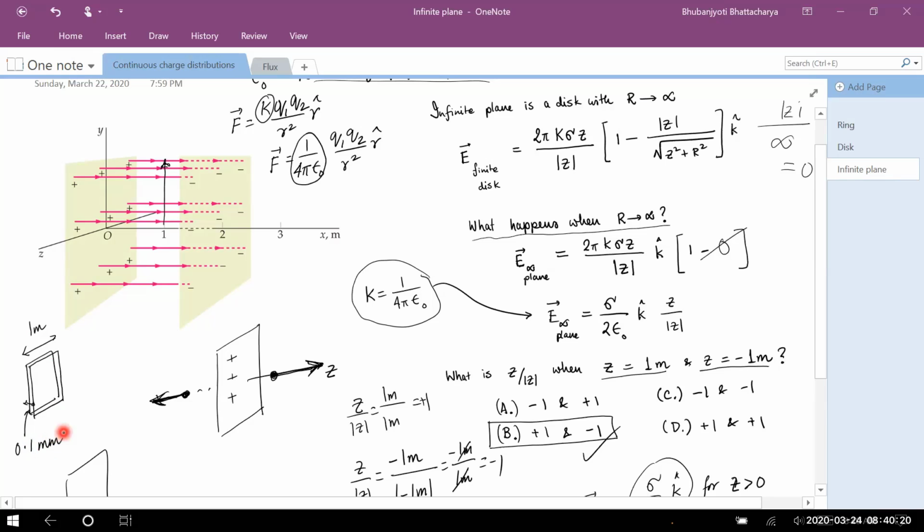Very, very close by. So this 0.1 millimeter is much, much smaller than 1 meter. So for anything in the middle over here, something that is a point and can't see the edges that are about 1 meter away from it, these two look like something that looks like an infinite plate, right?